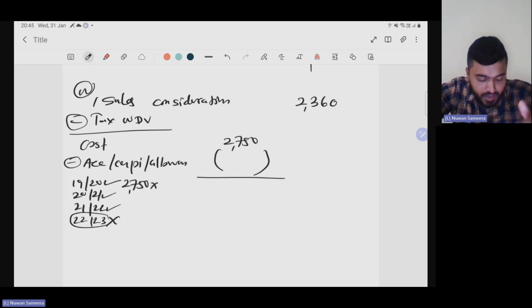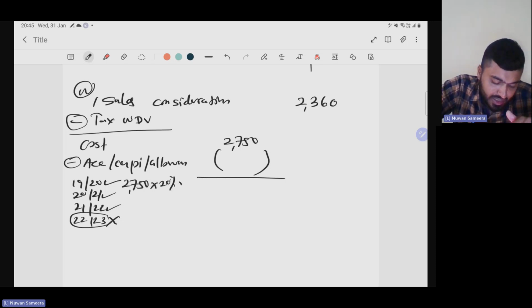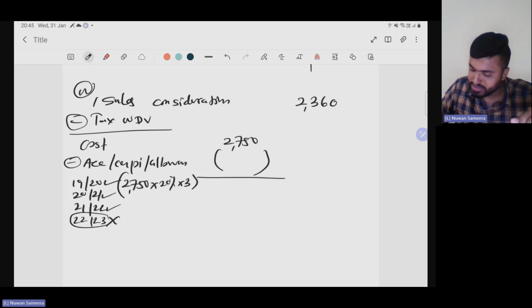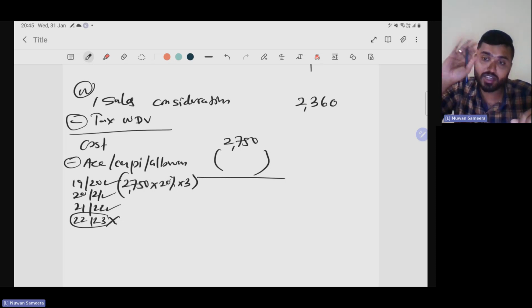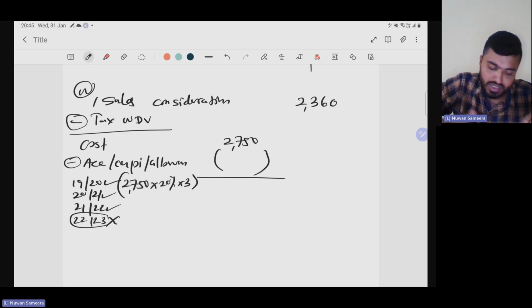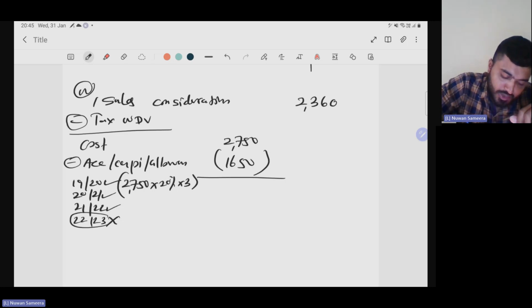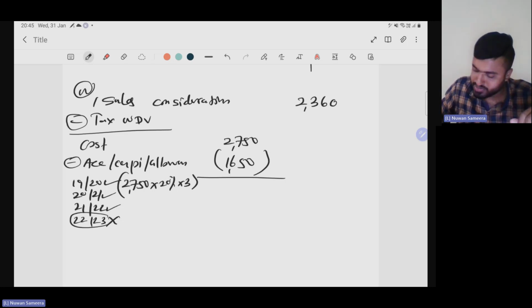Or you can multiply 20% on that and 3. So 20% means 5 years, right? Simply, 2,750 into 20% into 3, not 4, right? Because for 2022 and 2023 we cannot get the capital allowances. So 1,650. So 1,650 is the cumulative capital allowance.